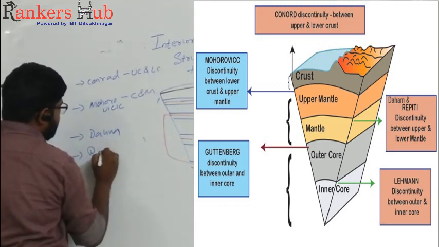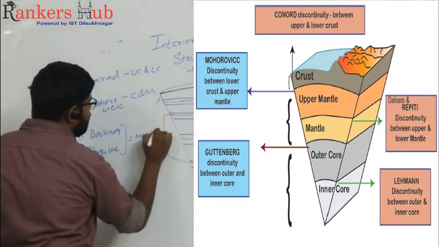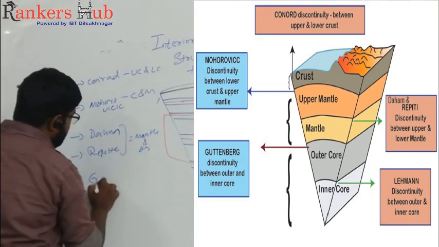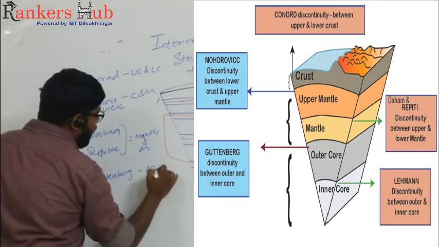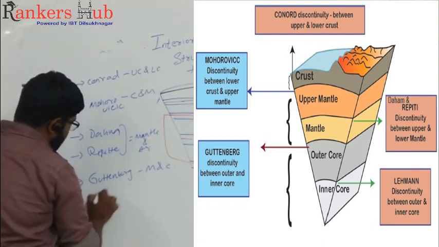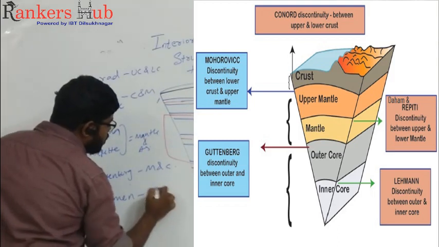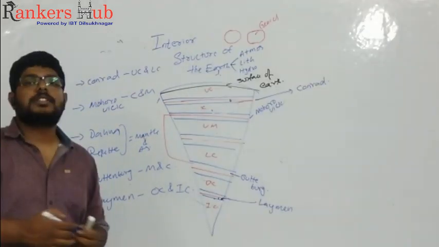Fourth will be repeating. Both are in the mantle and asthenosphere. Then fifth will be Gutenberg. Gutenberg is between mantle and core. Last will be Lehman. Lehman is between outer core and inner core. So this is the structure of that.